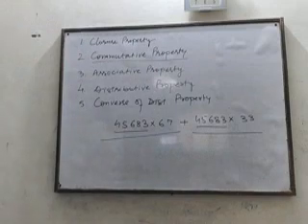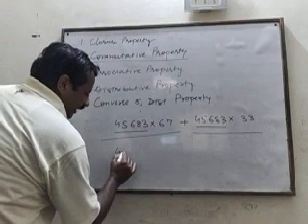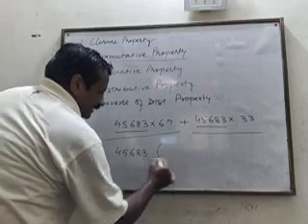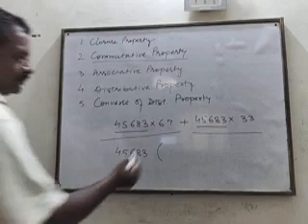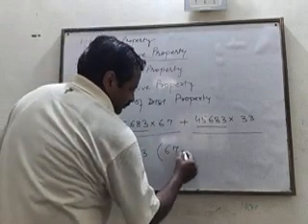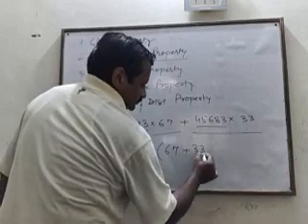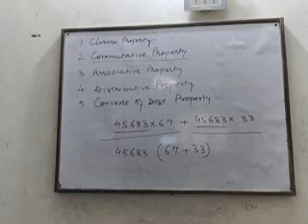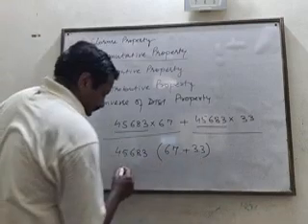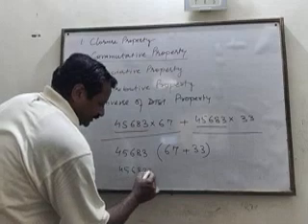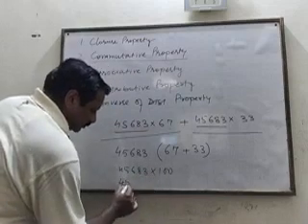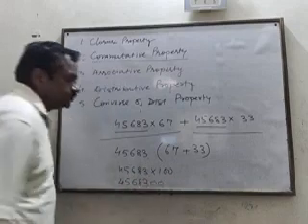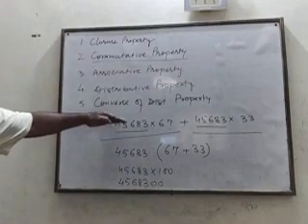So the part which is the same we will take as common. 45683 will be taken as common, and inside the bracket there will be 67 plus 33, and it will become 100. 45683 multiply 100 and the answer will be 4568300.